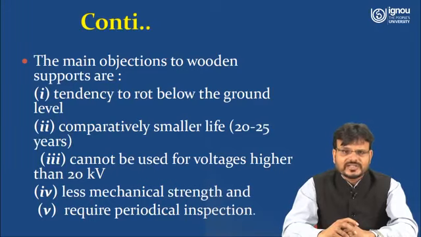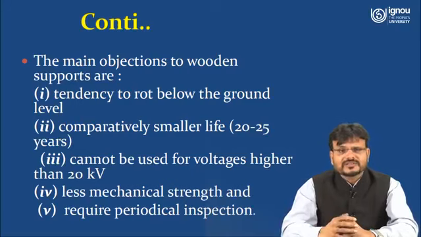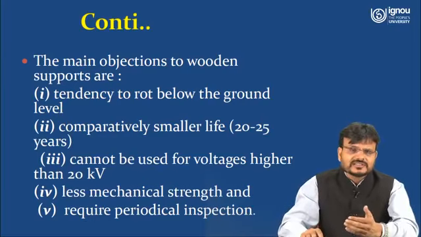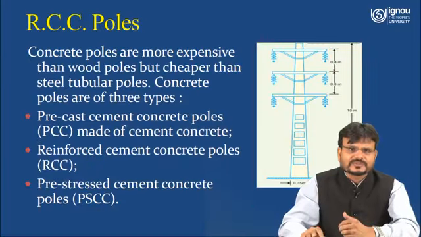Comparatively, they have a smaller life, maybe 20 to 25 years or less. They cannot be used for voltages higher than 20 kV. Wooden poles also have less mechanical strength and require periodic inspection. So these are the drawbacks of wooden poles.